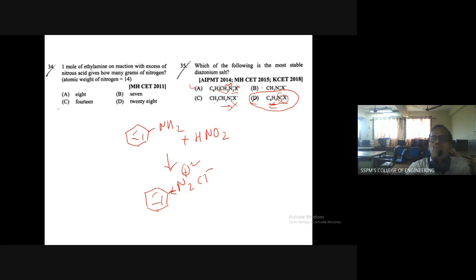In option B, CH2 N2 plus X, the methyl group will donate electrons towards nitrogen and destabilize the positive charge on nitrogen. So in options A, B and C there are electron donating groups, and they will destabilize the diazonium salt. In option D, the phenyl group is directly attached, so it will pull electrons towards itself and stabilize the positive charge. So D is the correct answer.